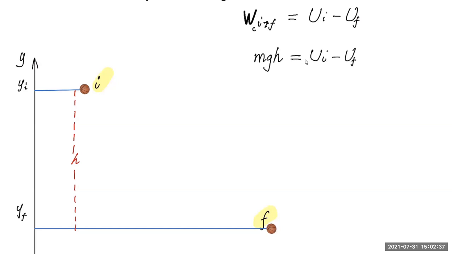Now, what I want to do is to rewrite h to express it in terms of y initial and y final so that I can get U as a function of y.